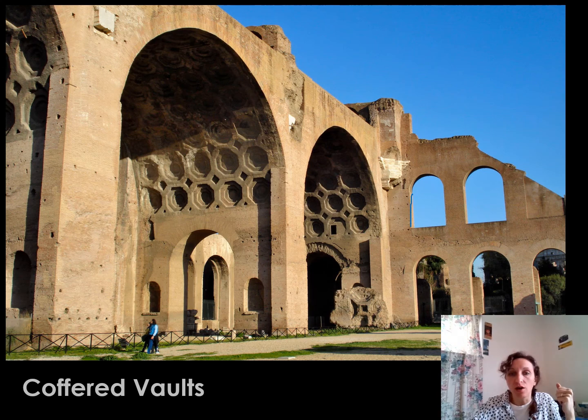So the arch is still that Roman calling card, right? The arch is on just about everything that the Romans ever created. We talked about those coffers last time when we talked about the dome in the Parthenon, or Pantheon, sorry. So we see that use of the coffering again here.